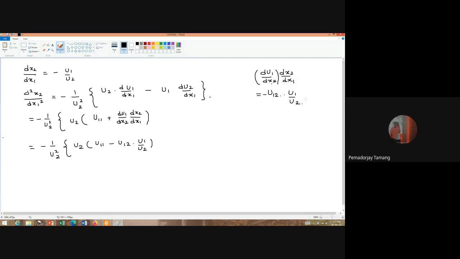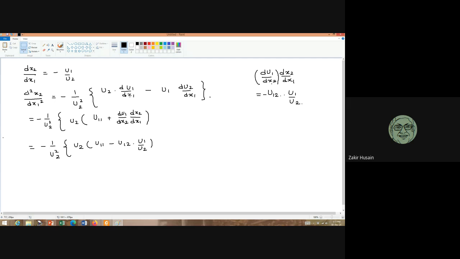Yes, sir. No, sir. I mean that line. Huh. Sir, how you got Which like line? u11 plus du1 and all? This one. This Yes, line. sir, that line. Yes, sir. See, u2 are brought over here. So I have to basically write out this term. Yes, sir.